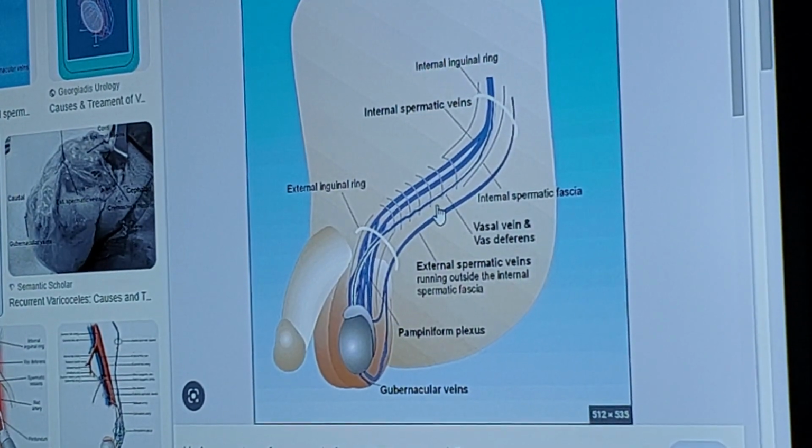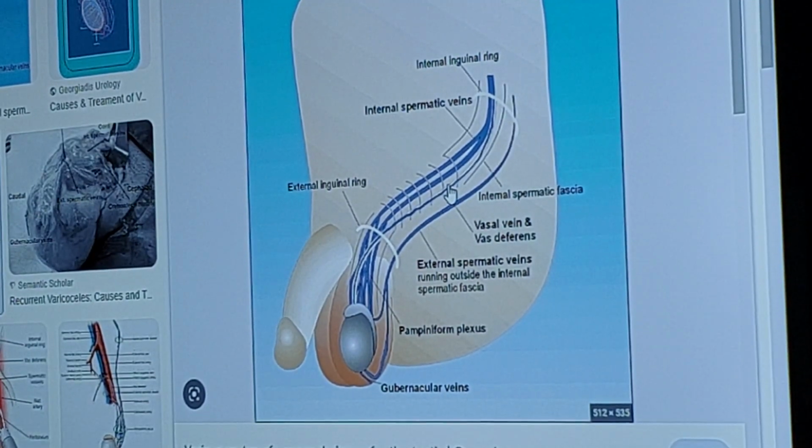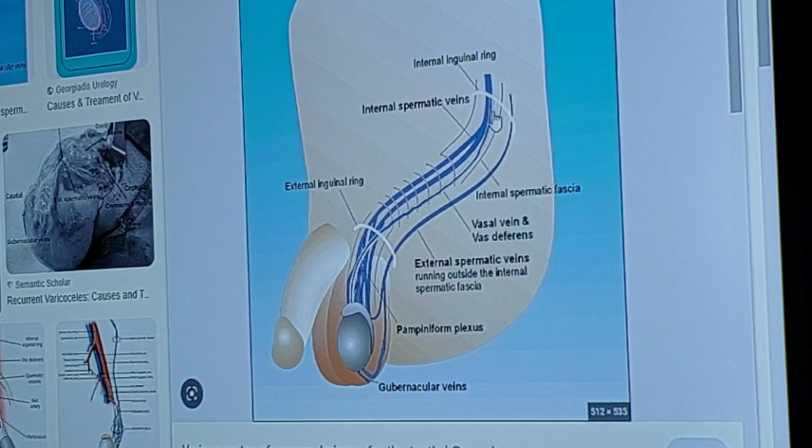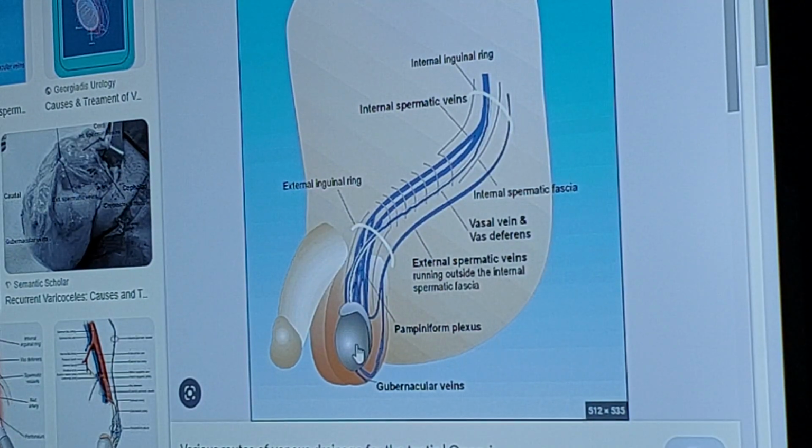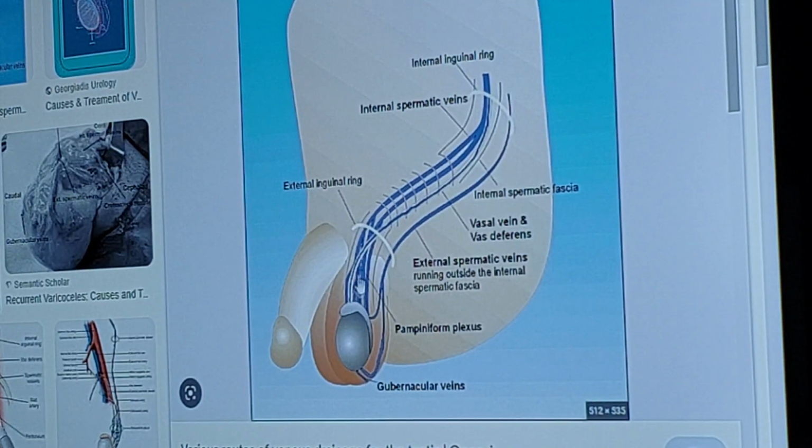So we have to fight with three different kinds of veins in varicocele surgery. First, and the main part, is the internal spermatic veins. Of course, all of them originate from the testis, and they drain into the renal vein and the main venous stream, and they are the main drainage system of the testicle.